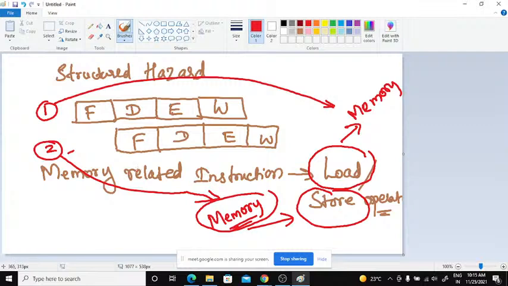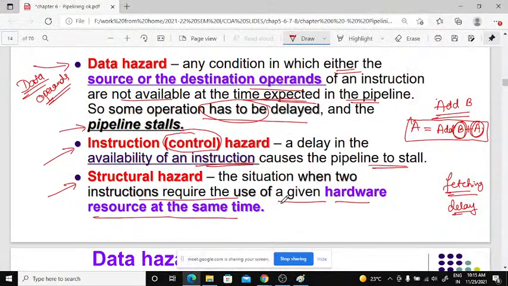So one instruction has to wait, and because of that a delay will occur. That is called a structural hazard. Structural hazard means a situation when two instructions require the use of a given hardware resource at the same time. At a time only one can use it.